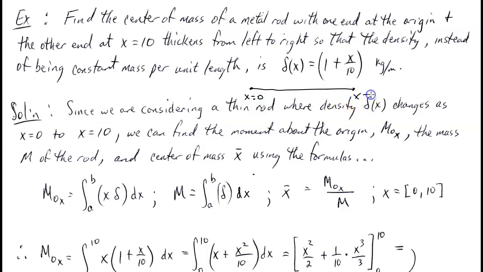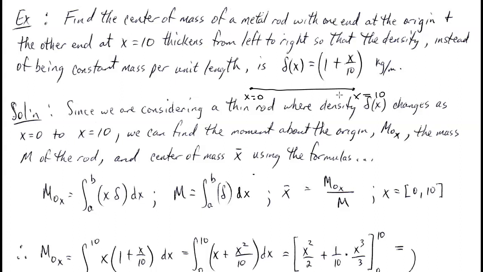And as we get closer and closer to x equals 10, the density of the rod increases. So that means that essentially it's going to weigh more on the x equals 10 side than on the x equals 0 side. Okay. And it's a gradual increase in density, which means there's a gradual increase in weight as well.